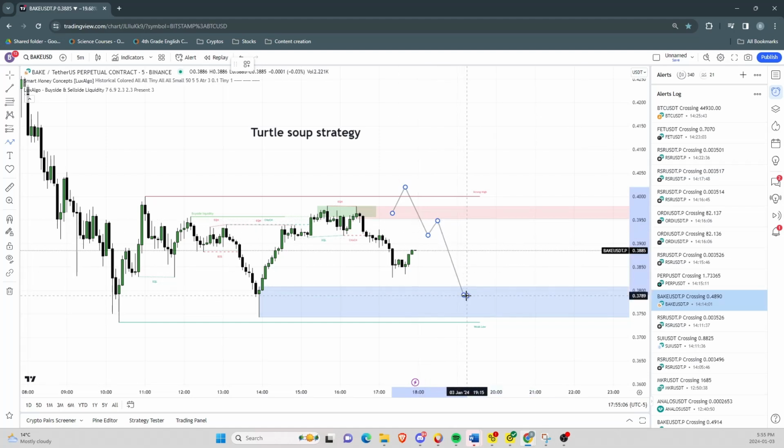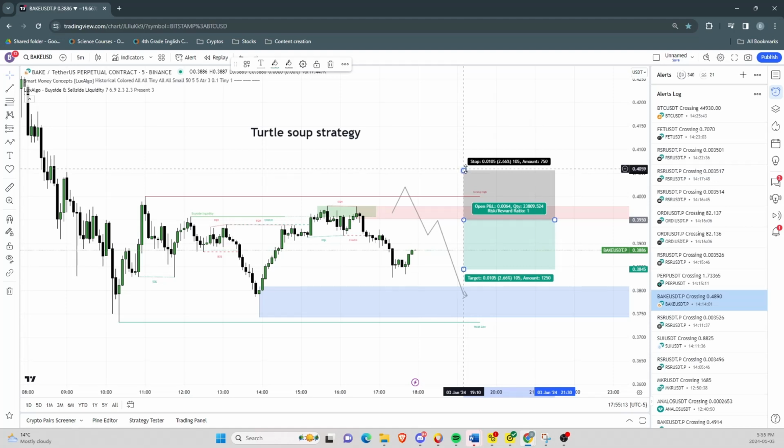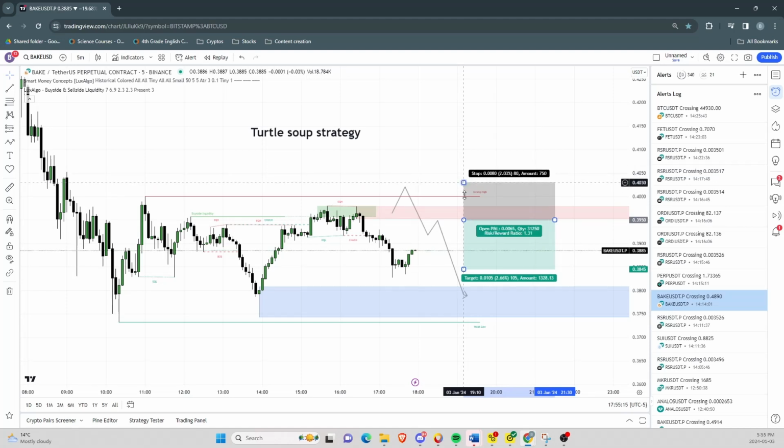Here is where a market structure shift occurs, and that's where you could take a short position that is a confirmed entry. You place the stop loss above it, and then you target here, and that is a risk reward ratio of 2.06. So that's a decent trade, right?